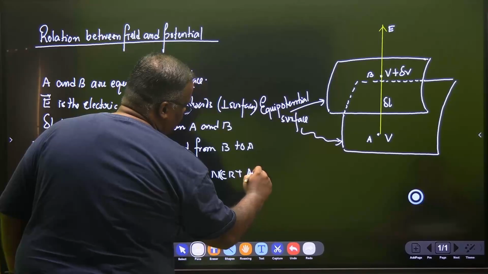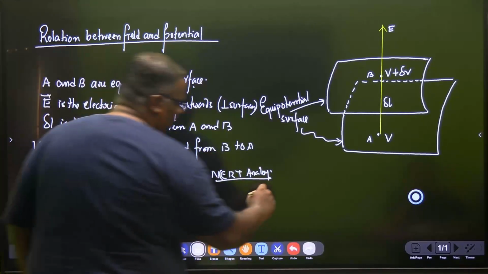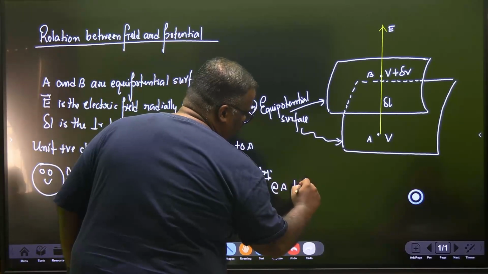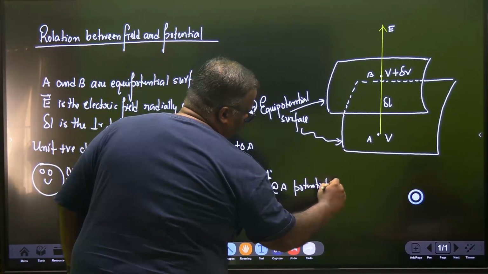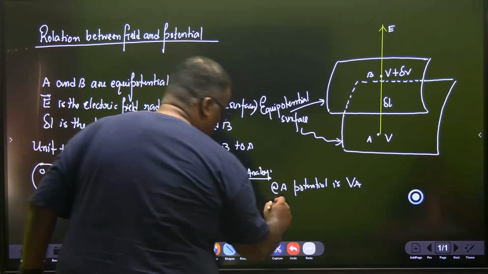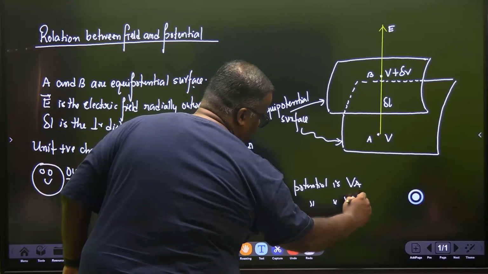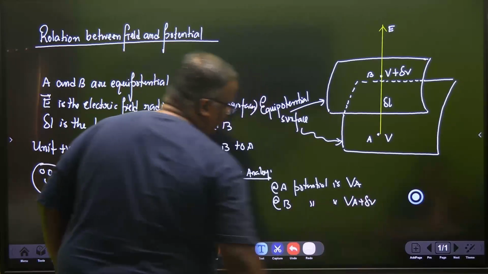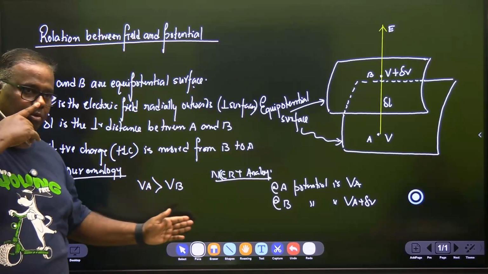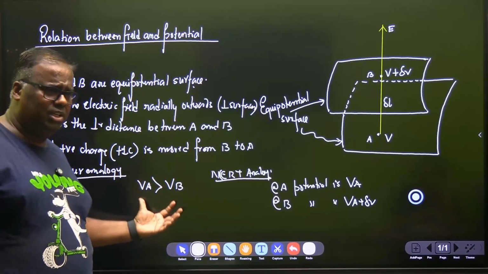But let's see what NCERT is taking. NCERT analogy. NCERT says that at A, the potential is VA, right? At B, the potential is VA plus delta V. A difference has been created between our analogy and NCERT's, and we are both 100% correct.